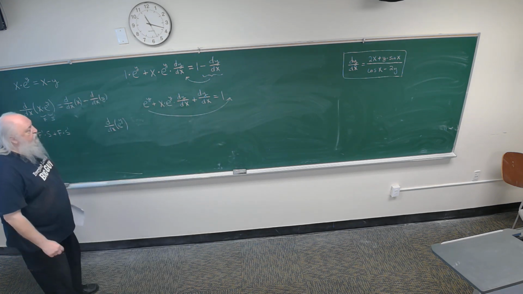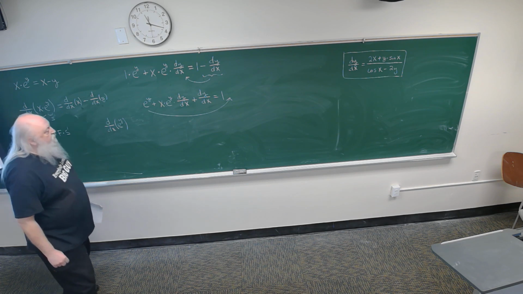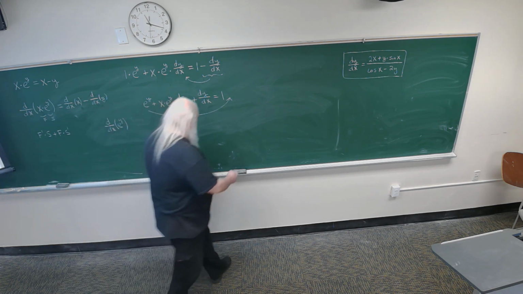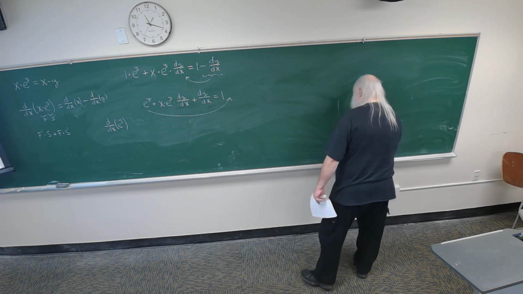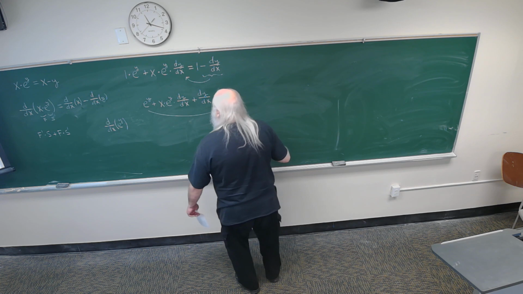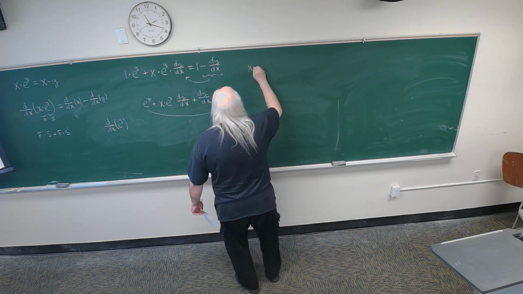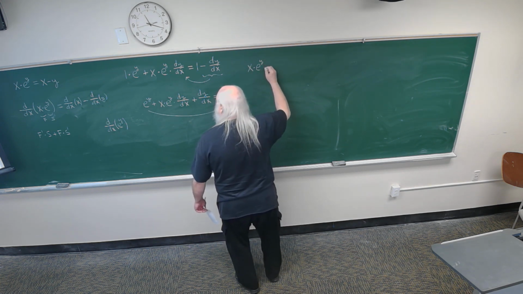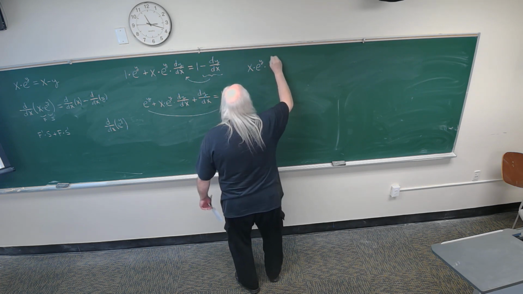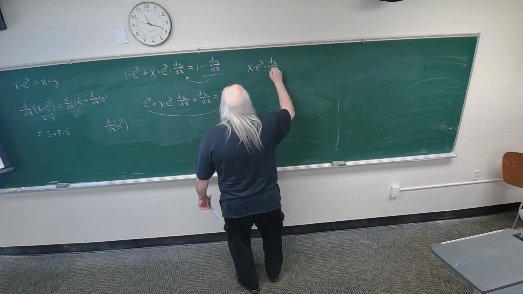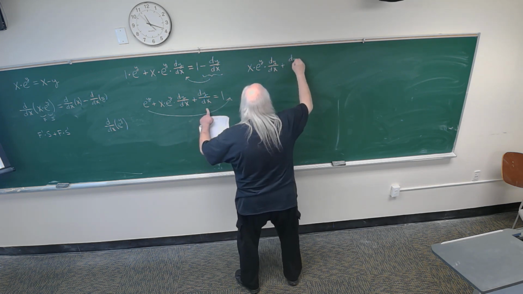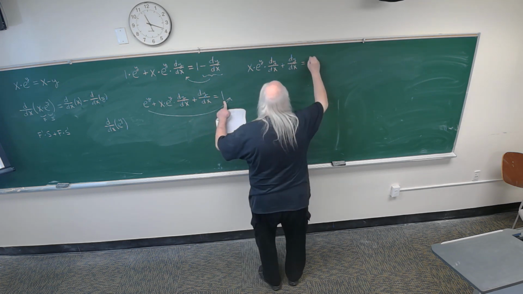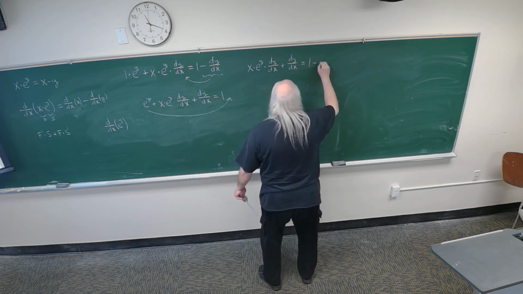Subtract e to the y from both sides. And so when I do that, I have x times e to the y times the derivative of y with respect to x plus dy over dx is equal to 1 minus e to the y.